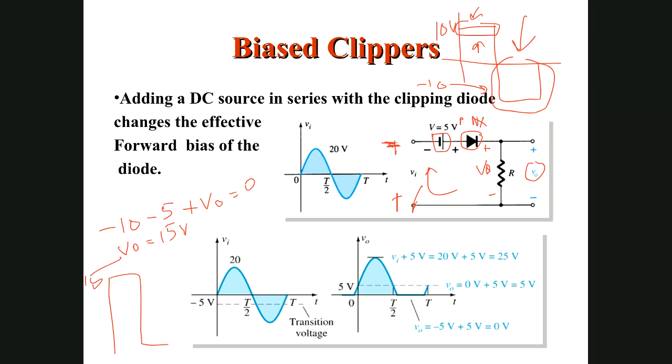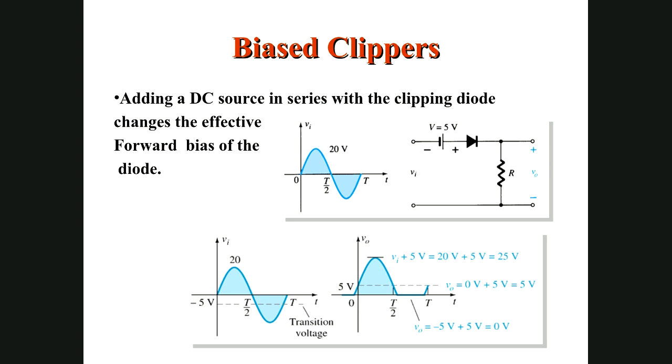Your output will be 15 for the positive half, but for the negative half, it will be 0. This is the discussion assuming your signal as a square wave. But now we are coming back to the actual question. And now in this case, your signal is having a positive half, but it is not fixed.